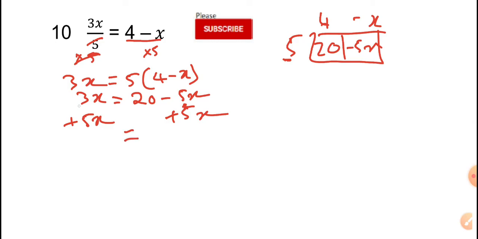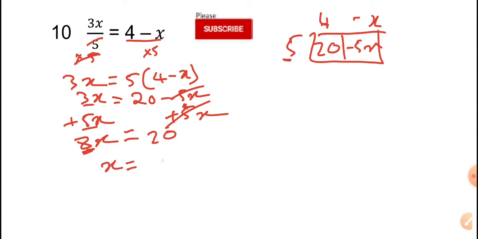So the left hand side, 3x add 5x is equal to 8x, and on the right hand side the minus 5x and plus 5x cancel out, leaving just 20. Now I have to divide both sides by 8 to get rid of this times 8. Because I want x by itself, I'm dividing both sides by 8.